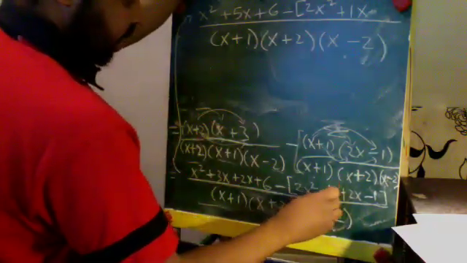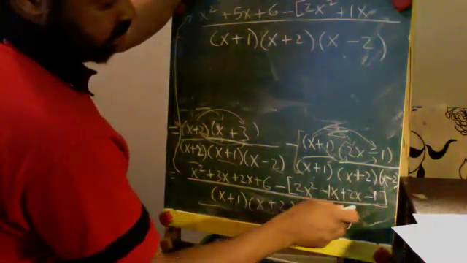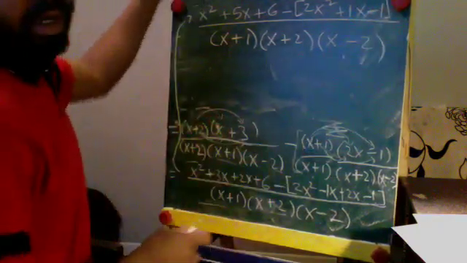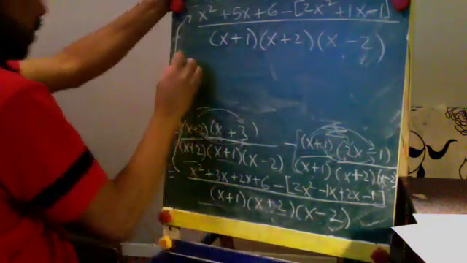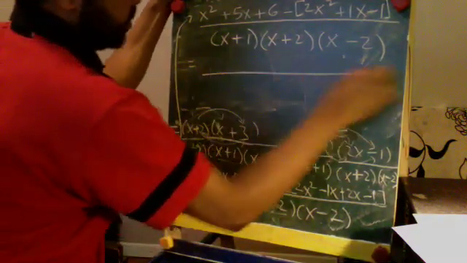I'm subtracting x from 2x, so it's going to be 1x, minus 1. And now I can start my subtraction, which is going to give me a final answer.